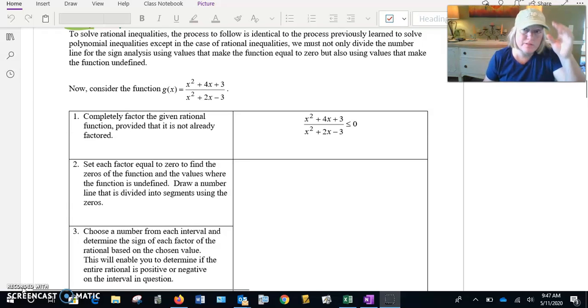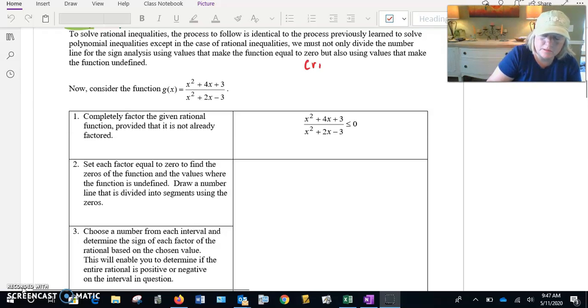All right, so solving rational inequalities. It's the same as what we did before with the sign analysis, but there's one more thing going on here that we want to be cognizant of. Our critical points before had been where our function f of x or g of x, let's use g since that's our function, was equal to 0.